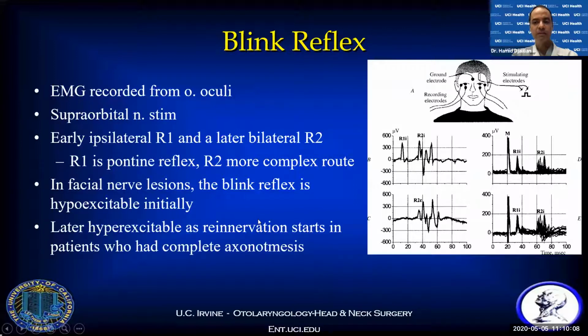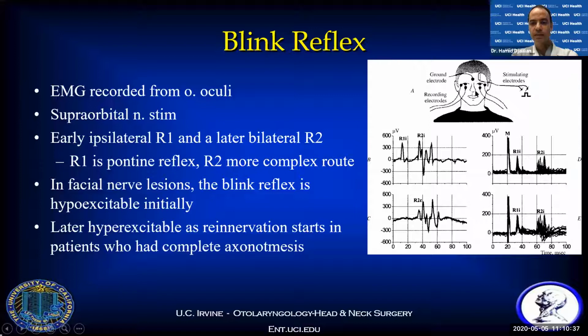Now, blink reflex is something that's used commonly by neurologists. I'm still not convinced of why it's necessary, and I'll tell you why I think it may not be necessary. It tests the brainstem connections between the trigeminal nerve and the seventh cranial nerve.